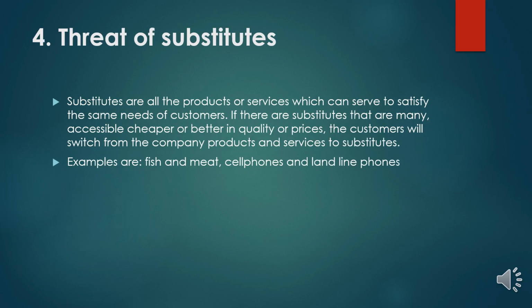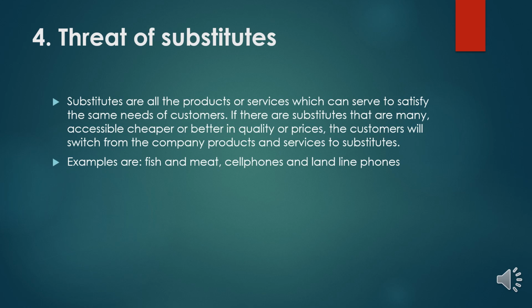Threat of substitutes is when the customers have the ability to switch to other product and service substitutes. This means that the substitutes are able to satisfy the same needs of customers.